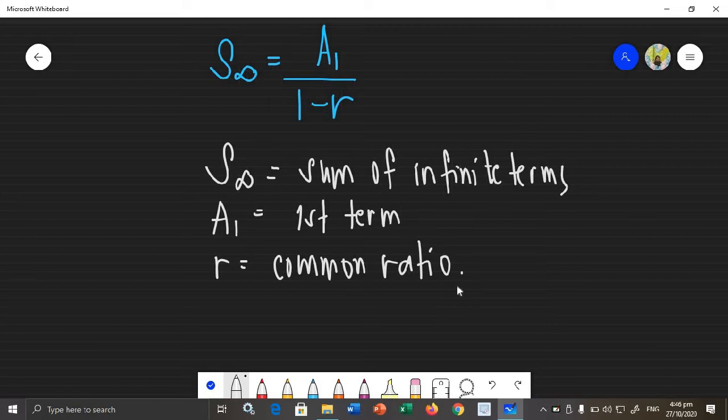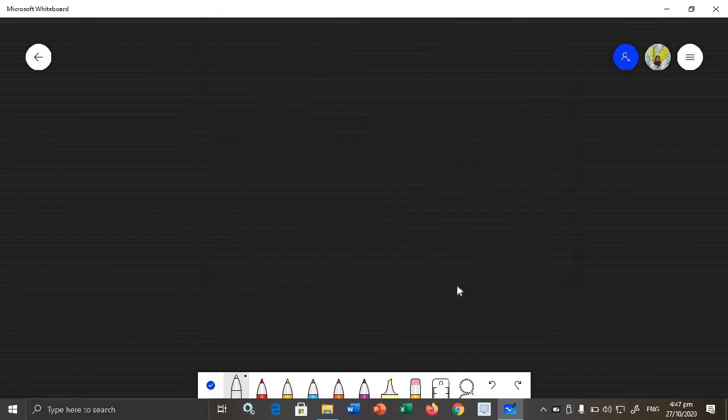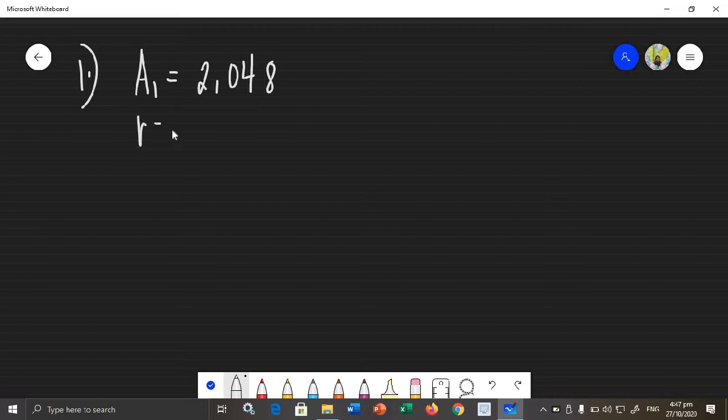So, let's solve some examples and find the sum of the infinite terms given in example number 1 from your module. Let's find the sum of the infinite sequence given that a sub 1 is equal to 2048 and our common ratio is equal to 1 half.